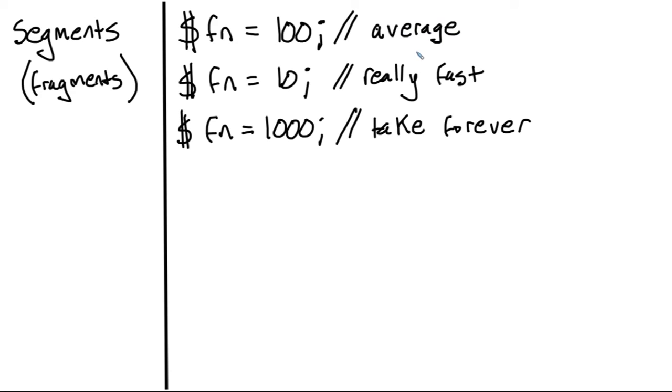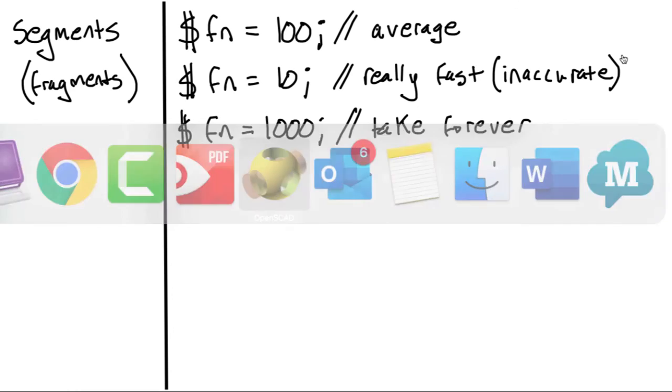I think by default, FN is set to like 10 or something. I can check. Not 10. Is it 50? I don't know what it actually is by default. And I can show you an example for those of you that are looking.